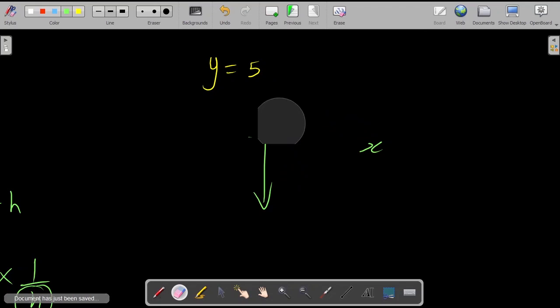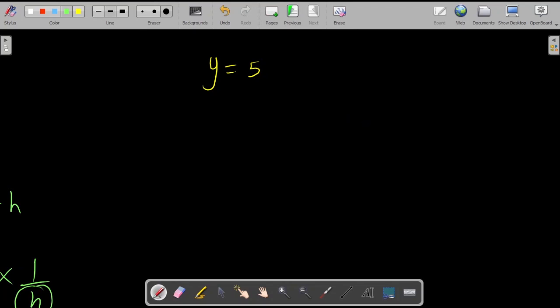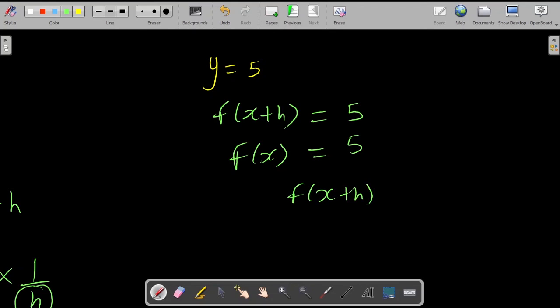So now that we have y equals 5, even if you were to substitute x plus h into this, you just have that, because there is no x to substitute into, and the original is exactly the same. So the top thing that you have when you apply first principles will just amount to 0, which means whatever you do to a constant, which will also pop up in the next video, you basically should expect to have your derivative as 0.